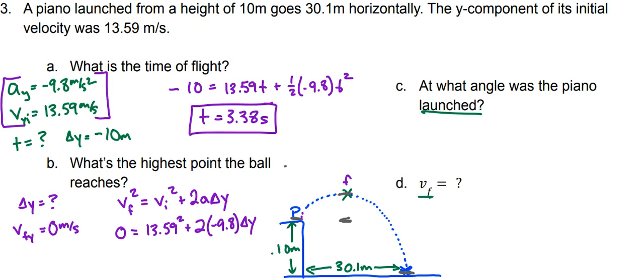So we want to find delta y. We're going to move this 13.59 squared to the other side, and it'll be negative. Then we're going to divide by 19.6.